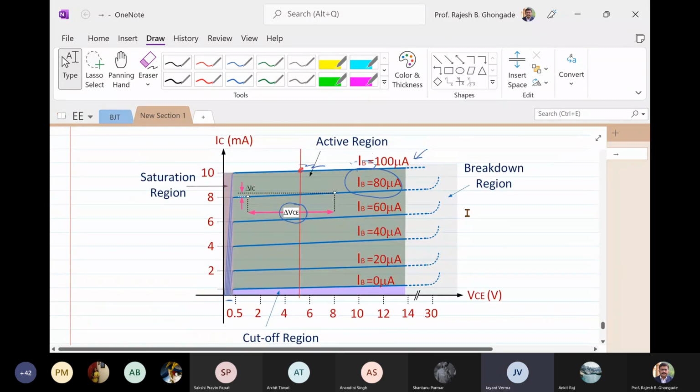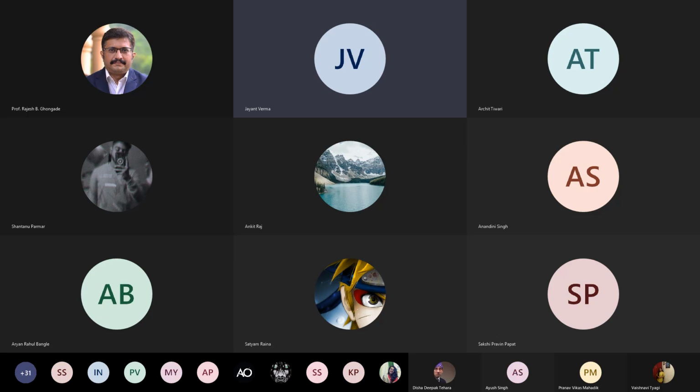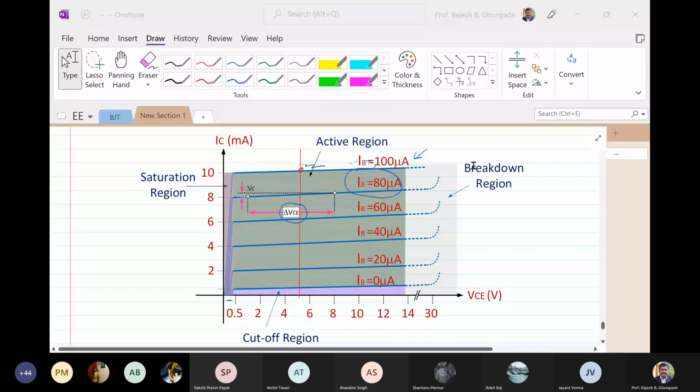Yes, now it is visible. It's showing that I'm able to share it. Yes, sir, दिख रहा है.